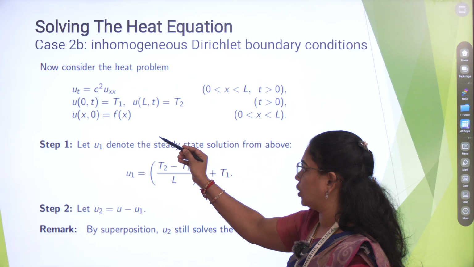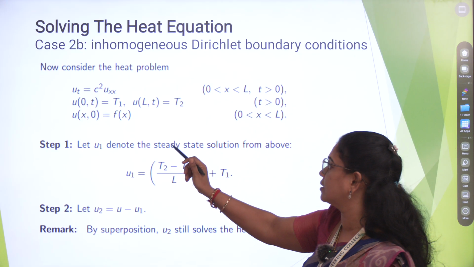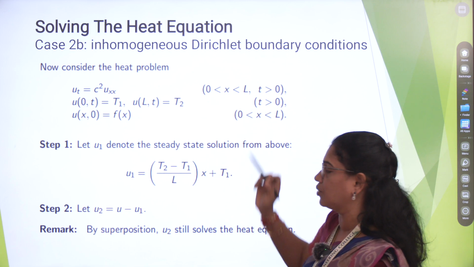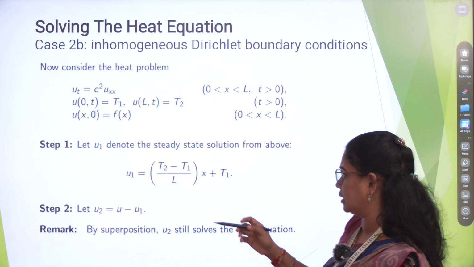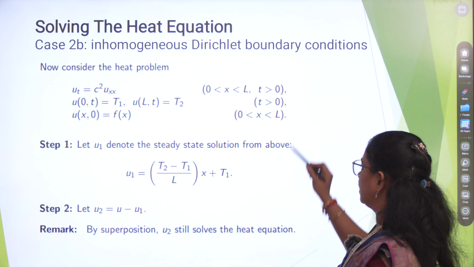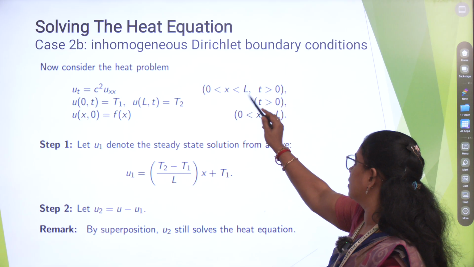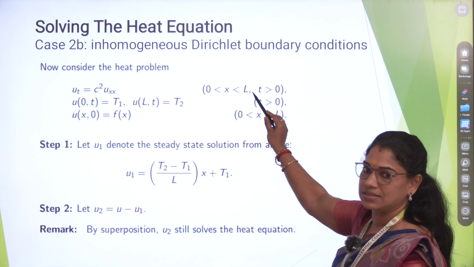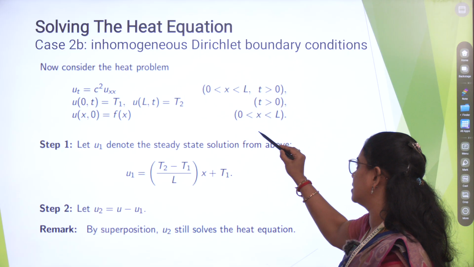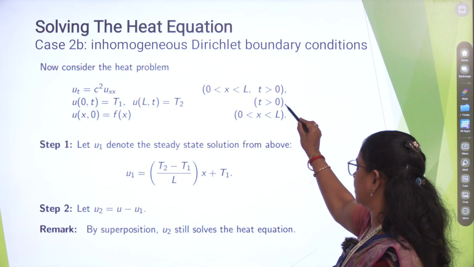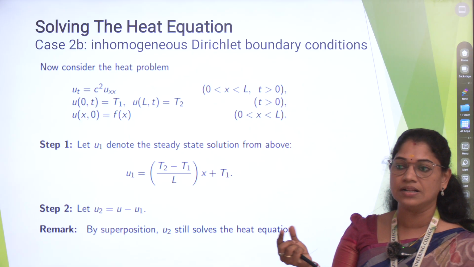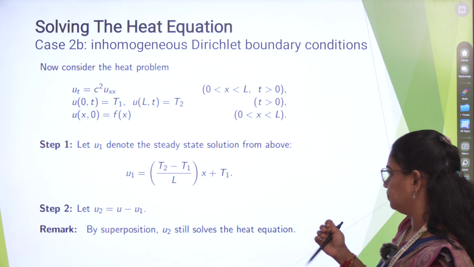U of 0 comma t is the boundary condition t1 and u of L comma t is equal to t2. Overall the function f of x is equal to u of x comma 0, on the interval 0 less than x less than L, with t greater than 0.